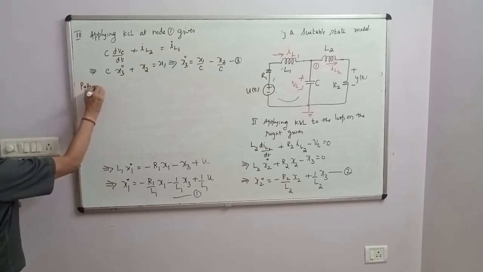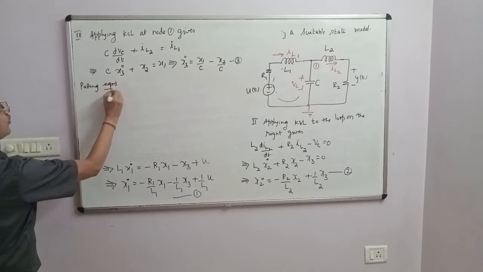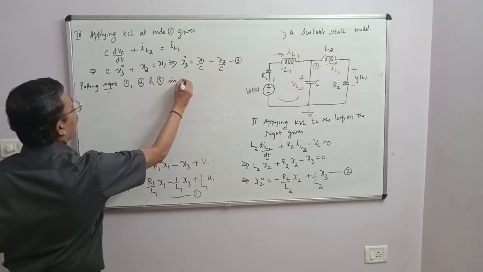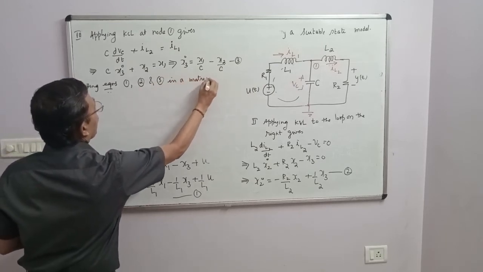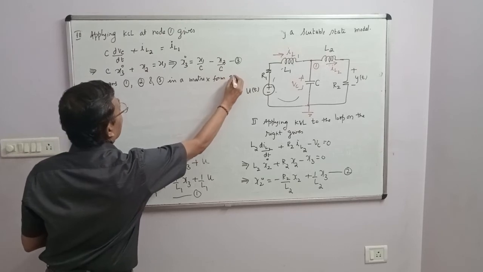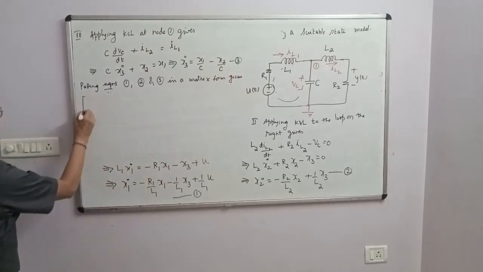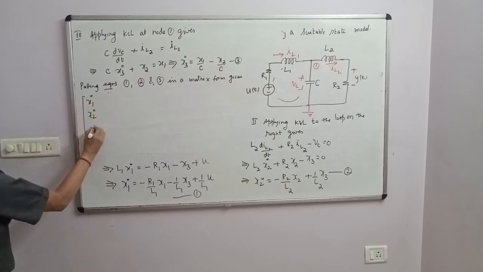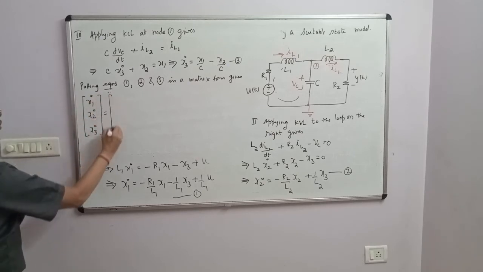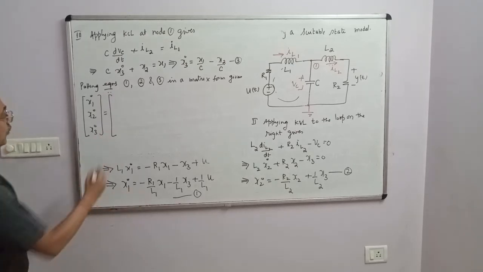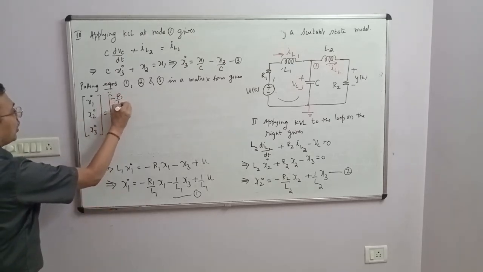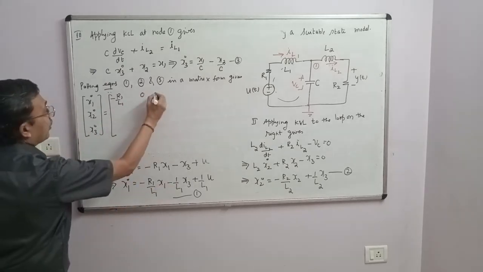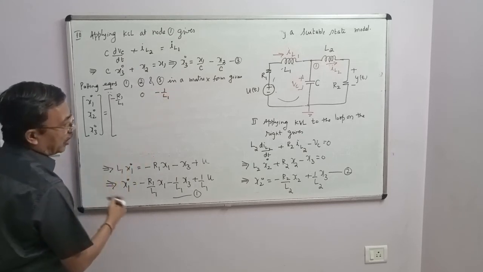Putting equations 1, 2 and 3 in matrix form gives the column matrix x1 dot, x2 dot, x3 dot is equal to: take the first equation, coefficient of x1 is minus R1 by L1. No x2, therefore 0. Coefficient of x3 is minus 1 by L1. Go to the second equation.